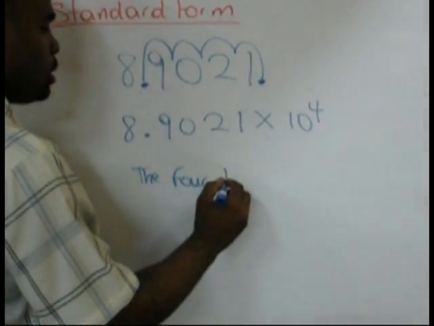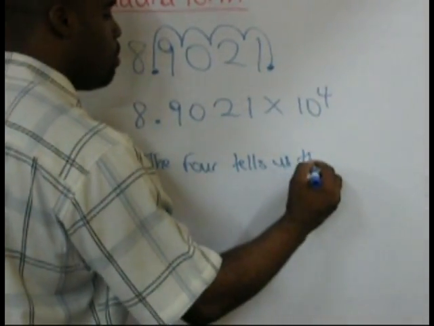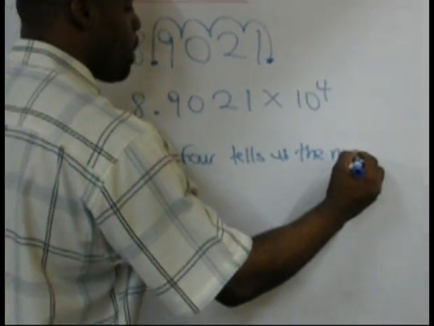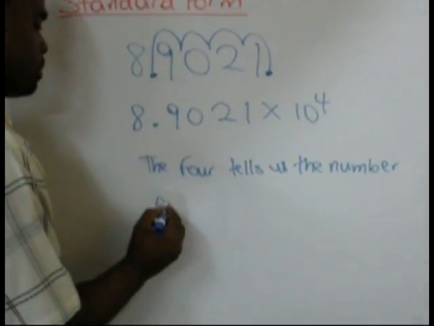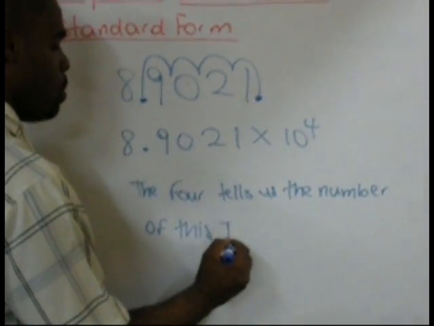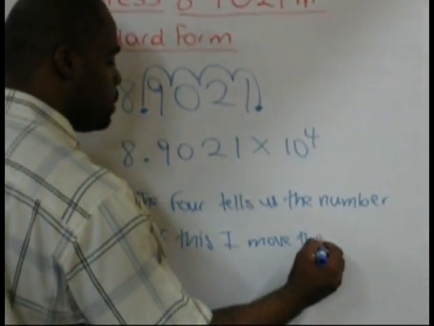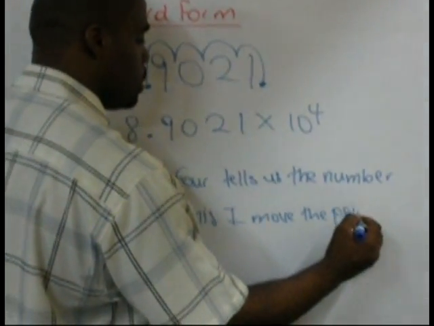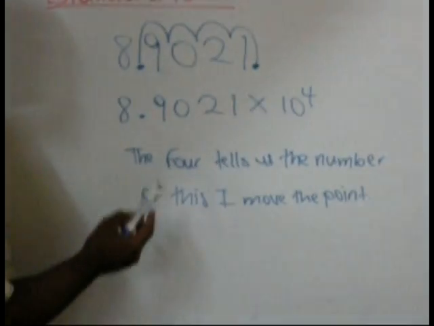So the 4 tells us the number of times I moved the point. Okay? So let's go again.